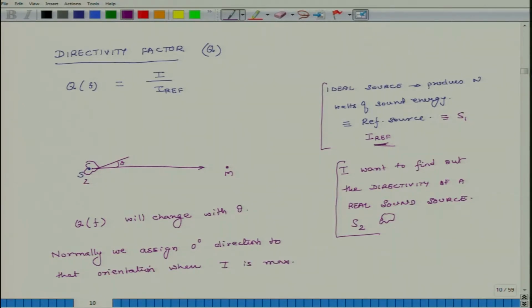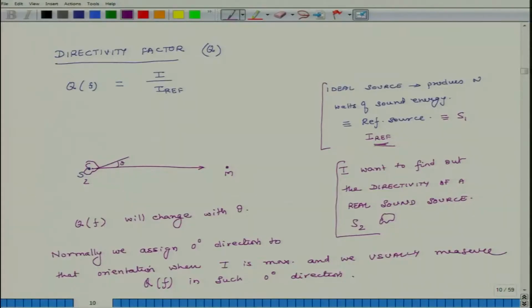Okay. When I is maximum, then we assign that direction as 0 degree direction, and we usually measure directivity in such 0 degree direction. So, what does that mean? If a sound source is omnidirectional, then what will be the value of directivity?